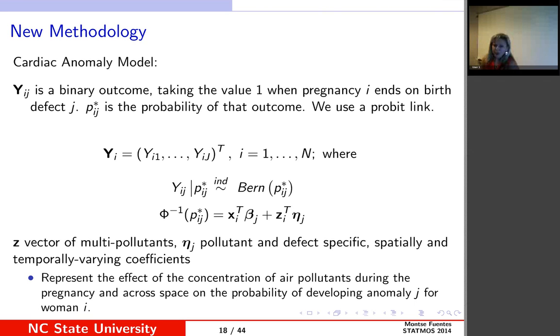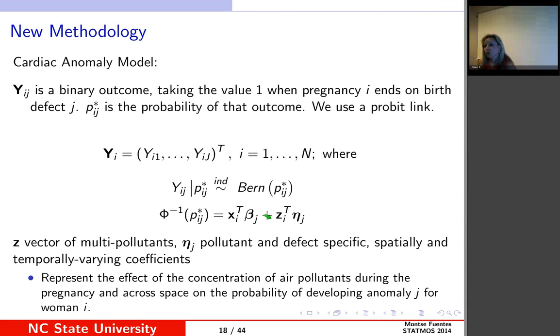We're just trying to understand how this probability of birth defects could be explained as a function of either personal characteristics, that would be X in our model, so X are the mother characteristics and potentially other type of conditions. But here what is critical is to understand the role of pollution, so that's our variable C. C would be the pollution levels at a particular location of interest, and we want to understand that association.